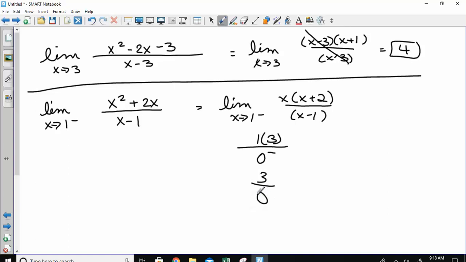So you have 3 over a smaller and smaller negative number. So that would be. So a lot of times those left and right hand limits, not always, I might give you one where you can still just plug in. But if things don't cancel out, you can reason through it. Let's do one more.